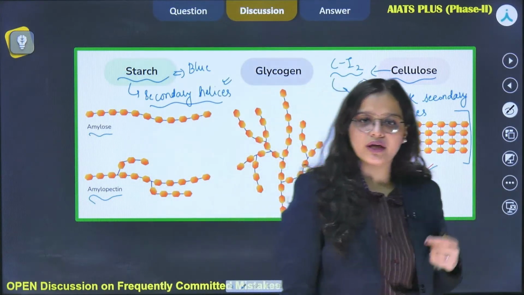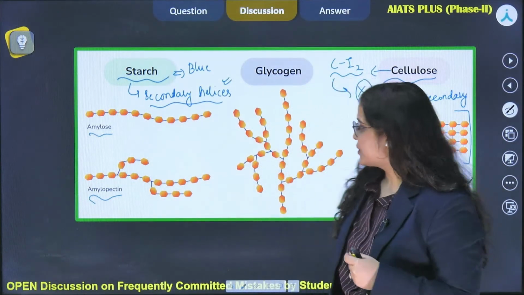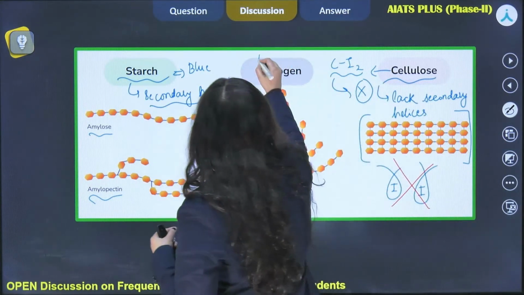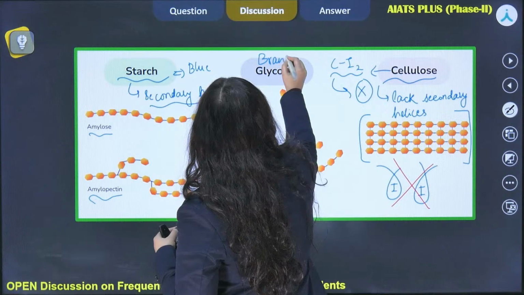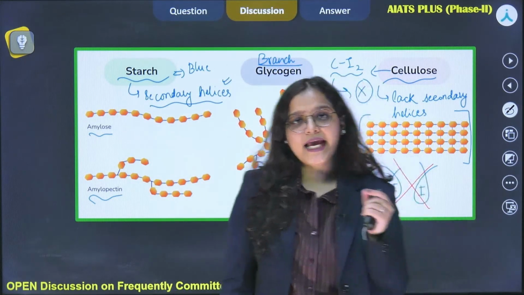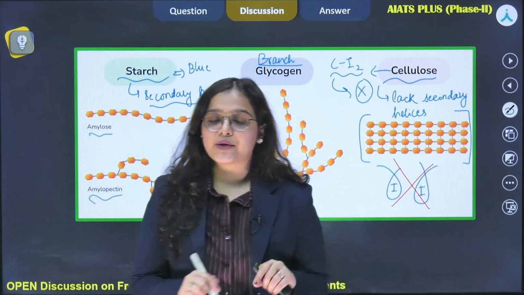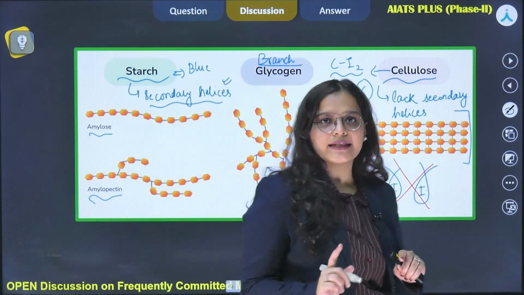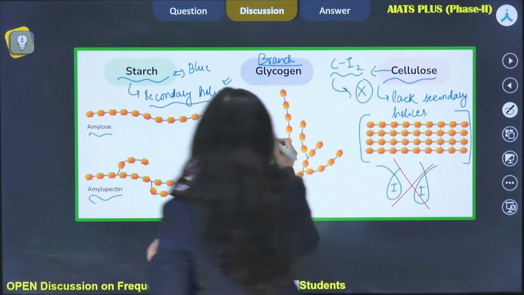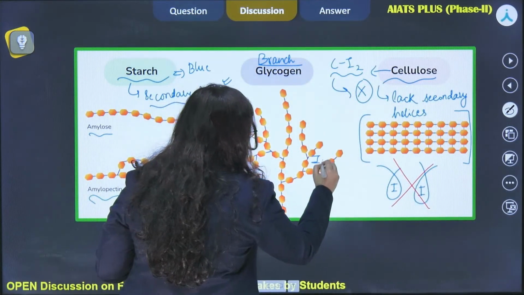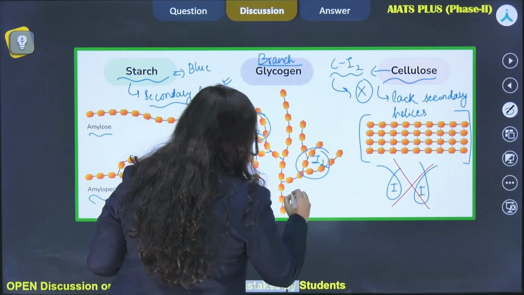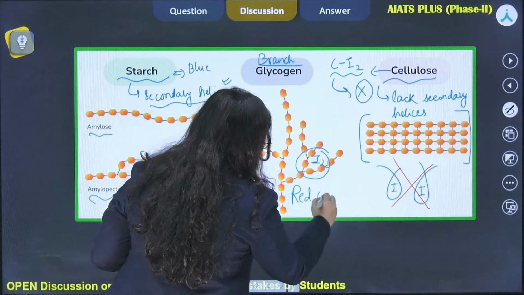Whereas if we talk about glycogen, we can also see that glycogen has a branched structure, and the branching point in glycogen is formed by the alpha-1,6 glycosidic linkage. It is said that if we try to interact with iodine, then there is a formation of a red color complex.